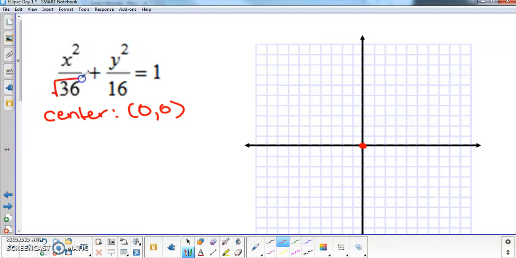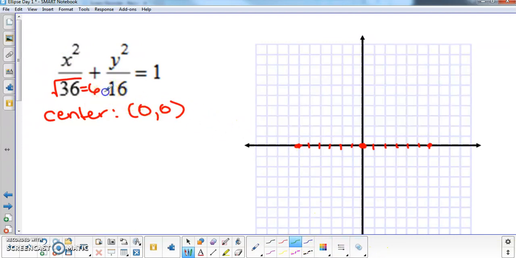So I'm going to take the square root of 36, and that gives me 6. That means I'm going to go 1, 2, 3, 4, 5, 6, and 1, 2, 3, 4, 5, 6 units right and left, because that's along my x, since this is underneath x.